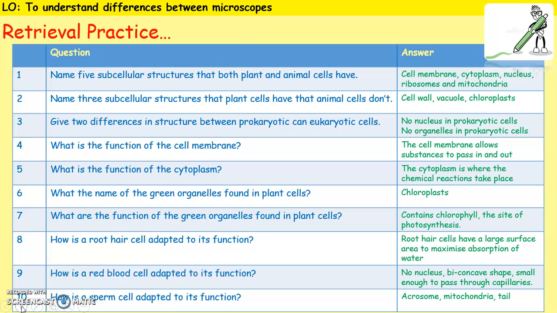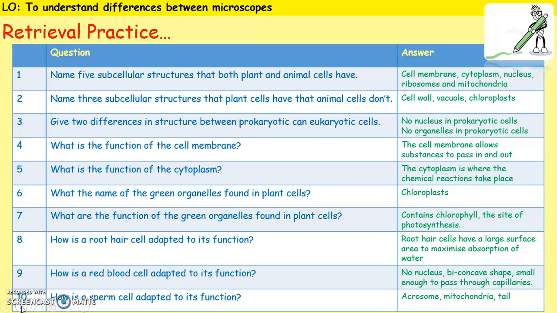Question 3. Give 2 differences between prokaryotic and eukaryotic cells. So there's no nucleus in prokaryotic cells, and they also don't have membrane-bound organelles. Question 4. The function of the cell membrane is to allow substances to pass in and out.